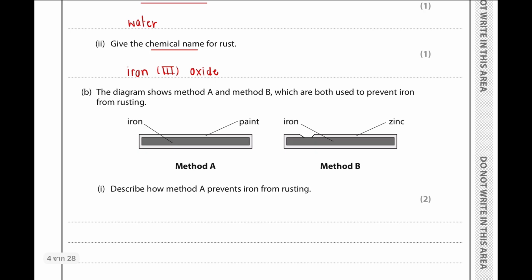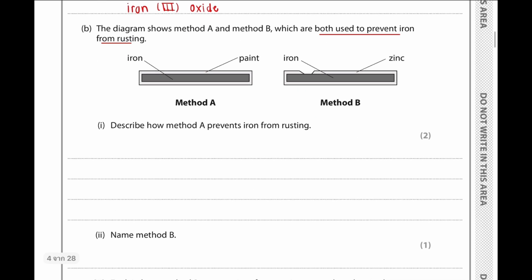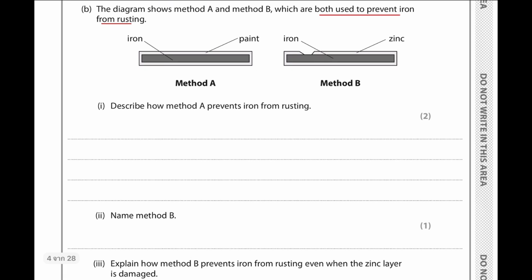Question B. The diagram shows method A and method B, which are both used to prevent iron from rusting. Question I. Describe how method A prevents iron from rusting.